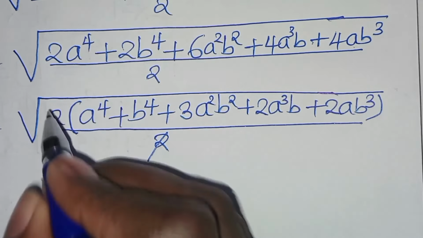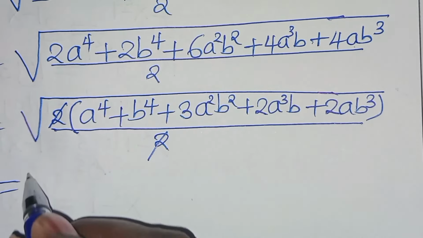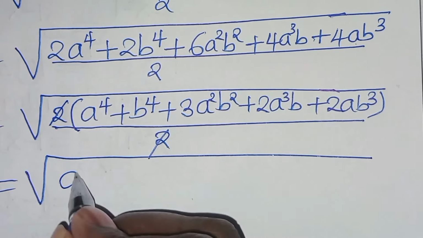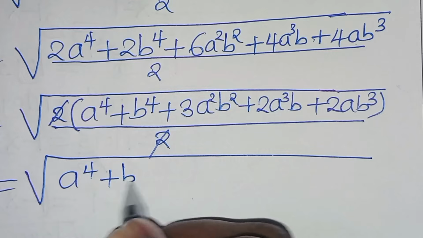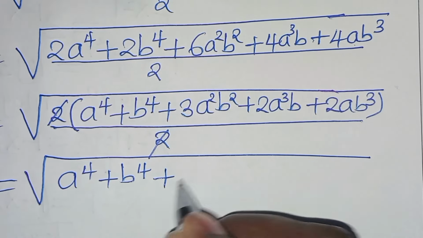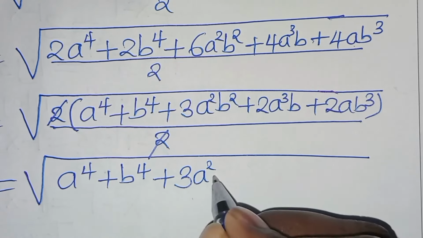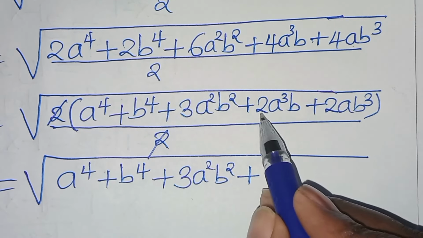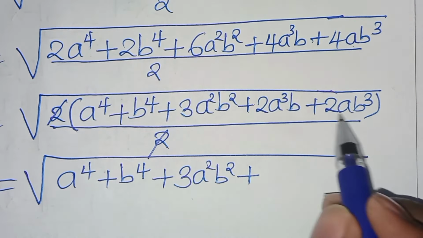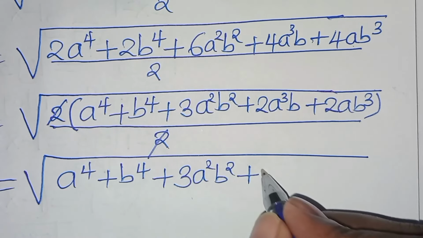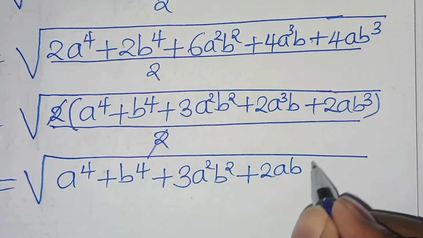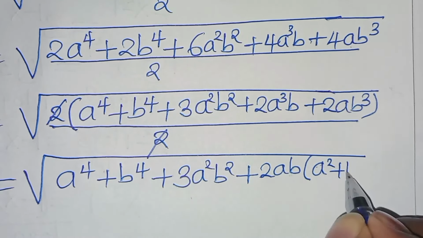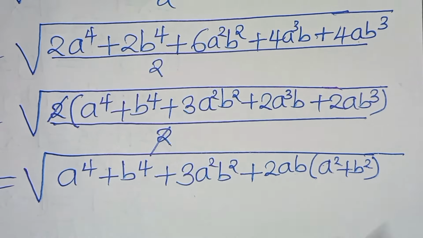So let's simplify, so that now we have the square root of A to the power of 4 plus B to the power of 4 plus 3A squared B squared, plus 2A cubed B plus 2AB cubed. You find that 2AB is common, so we can factor out 2AB, so that here we have A squared plus B squared, close the bracket.